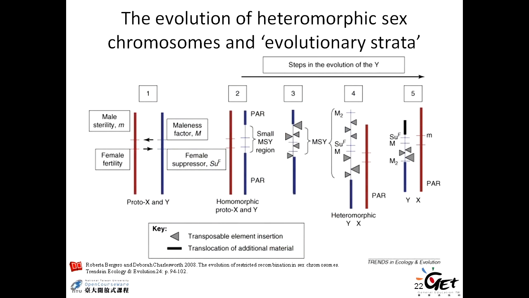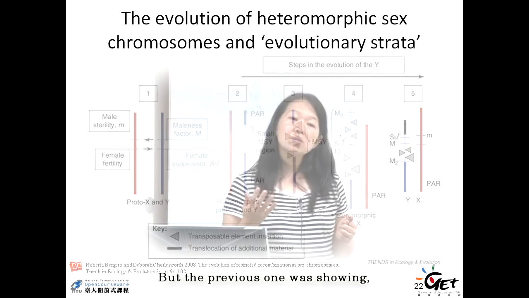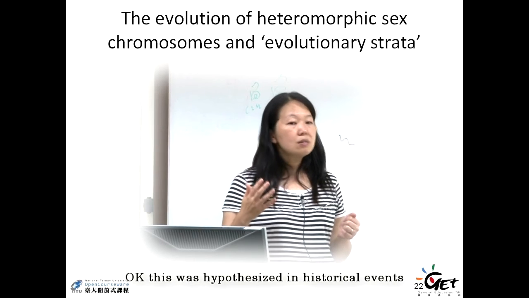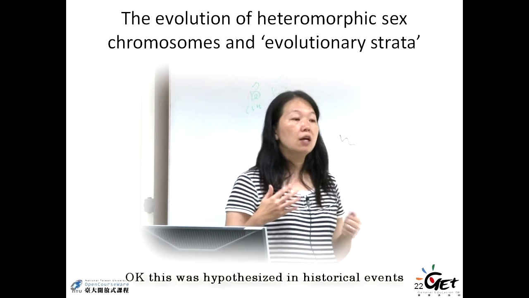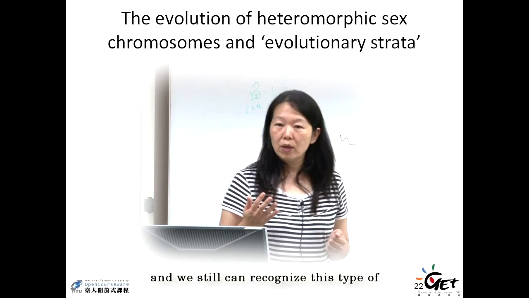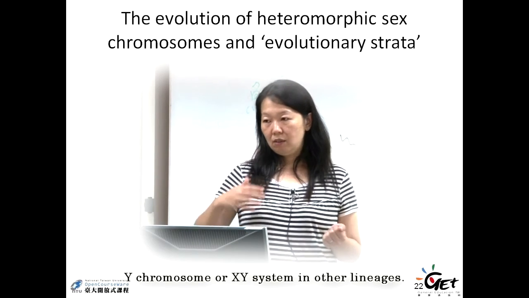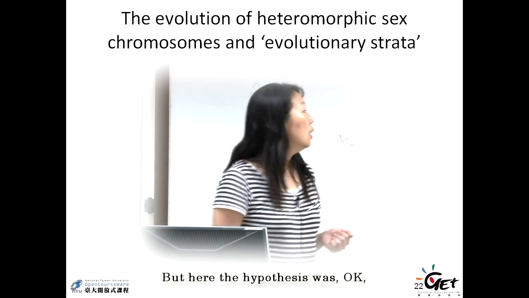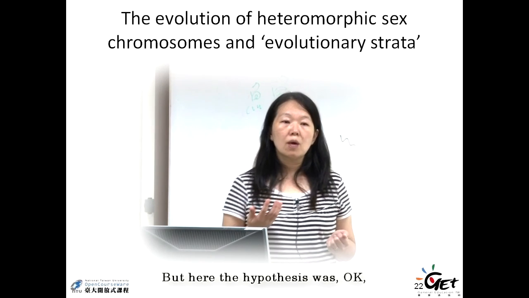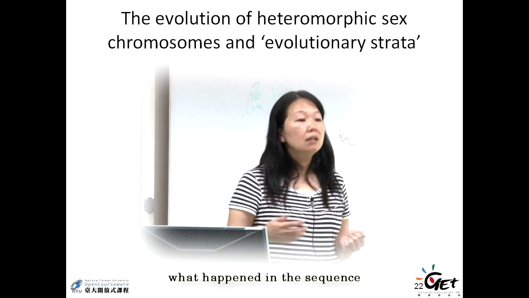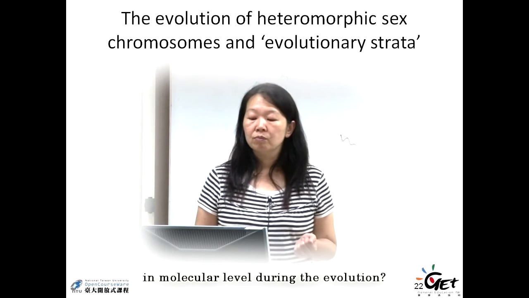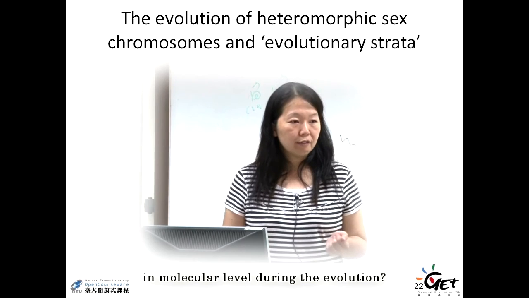They divided the evolution of the Y chromosome into several steps. The previous one showed hypothesized historical events, and we can still recognize this type of XY system in other lineages. But here, the hypothesis is what happened at the sequence and molecular level during the evolution.